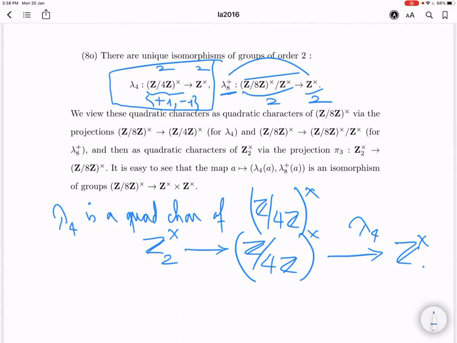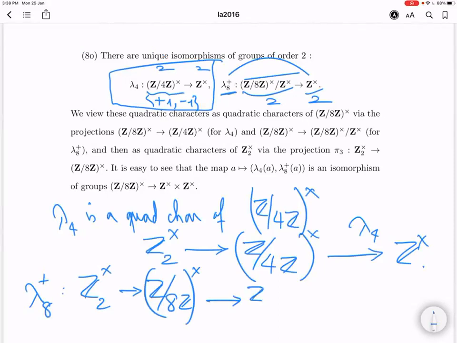Now lambda 8 plus, I can think of it as a map from Z mod 8Z star to Z star, modulo Z star.